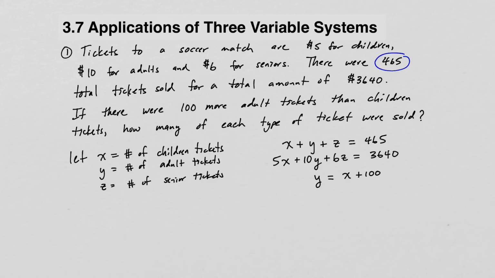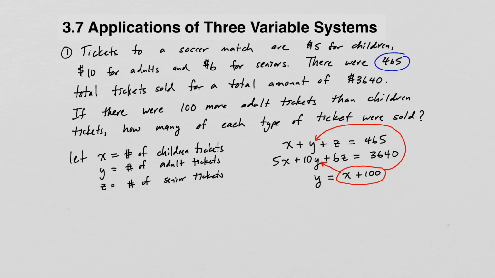Now think about that for a minute. The number of adult tickets is 100 more than the number of children tickets. So notice this third equation does not have the variable z in it. This is actually a good thing. What that means is that we can actually take this third equation, y equals x plus 100, and we can substitute into y in each of the previous two equations.